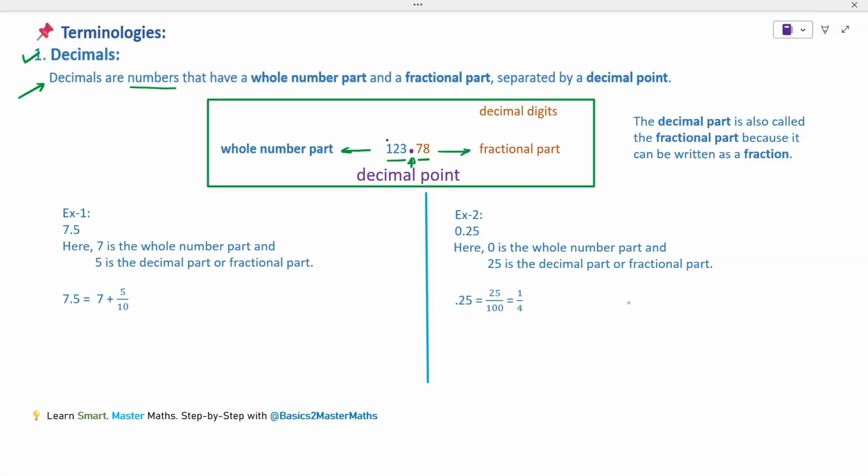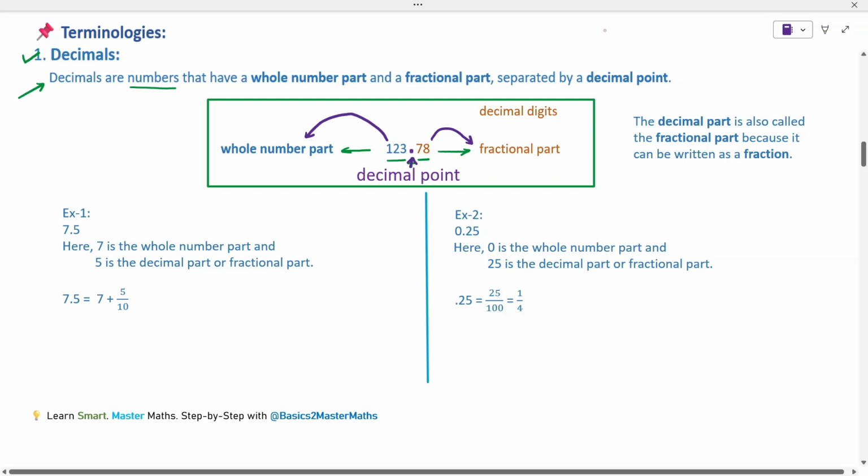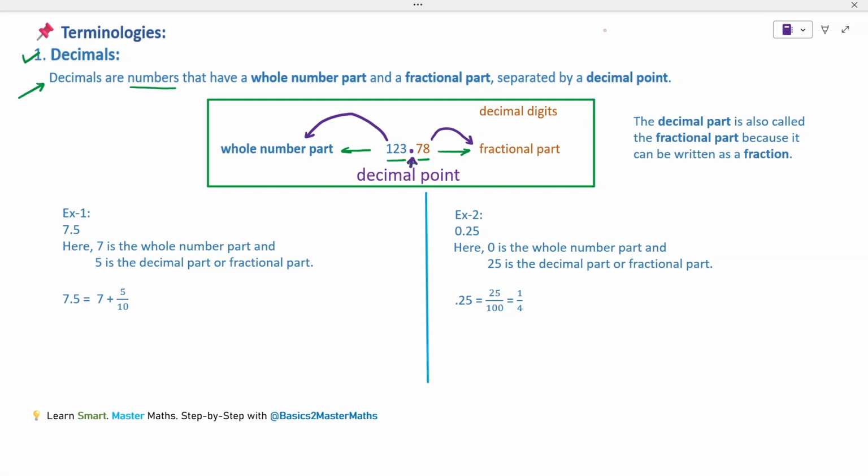Here 123 is the whole number part, 78 is the fractional part separated by a decimal point. Got it? Also, in this case, 7 and 8 are called decimal digits.